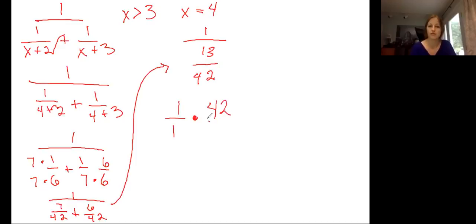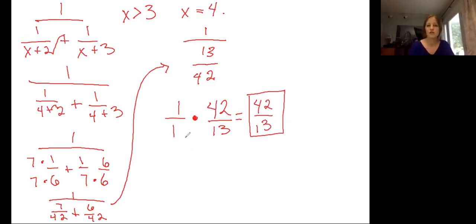So 42 over 13. And that's what I'm left with. So now this is what I have when I use x equals 4. So now I have to go to my answer choices and I have to try using x equals 4 until I get 42/13, right?